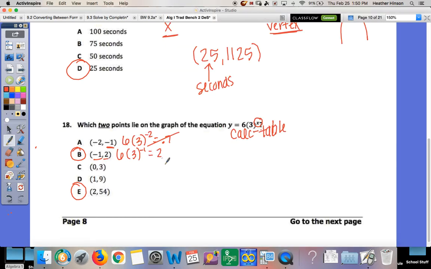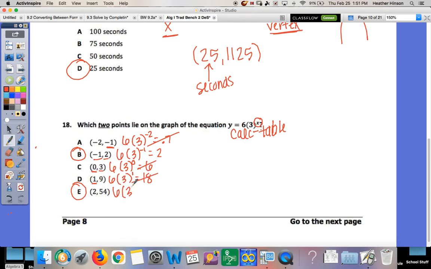So that one's correct. If you plug in C, 6 times 3 to the 0, that one's going to give us 6. So that's not 3, that's wrong. For D, 6 times 3 to the first power, that's going to be 18, so that's wrong.